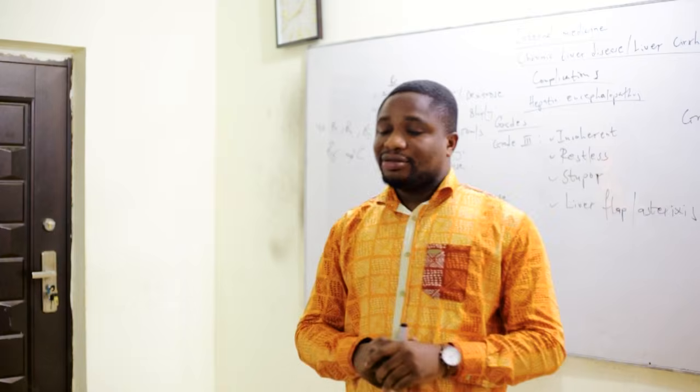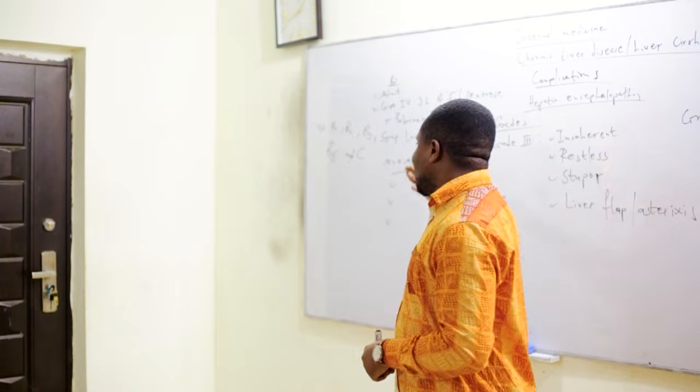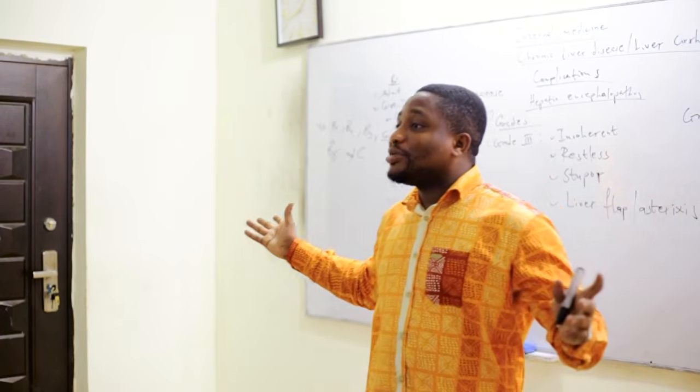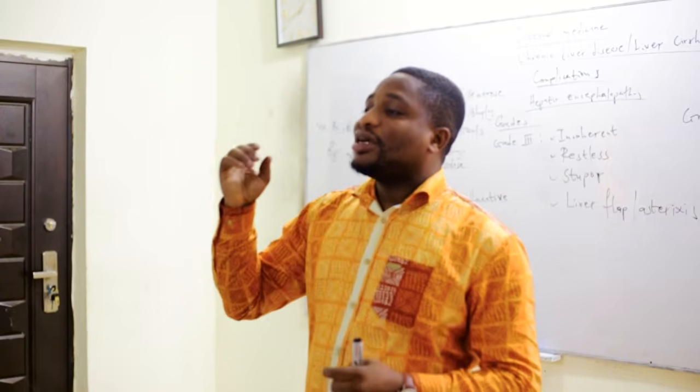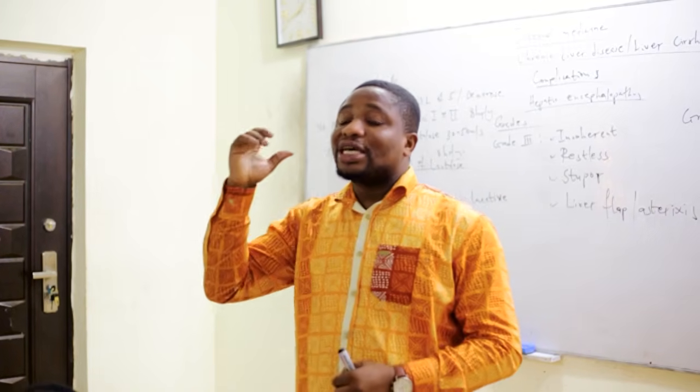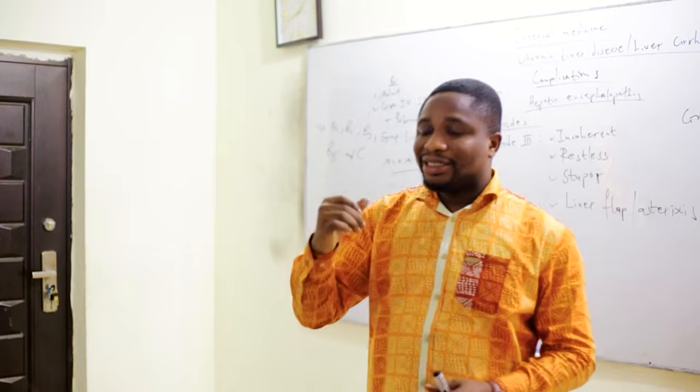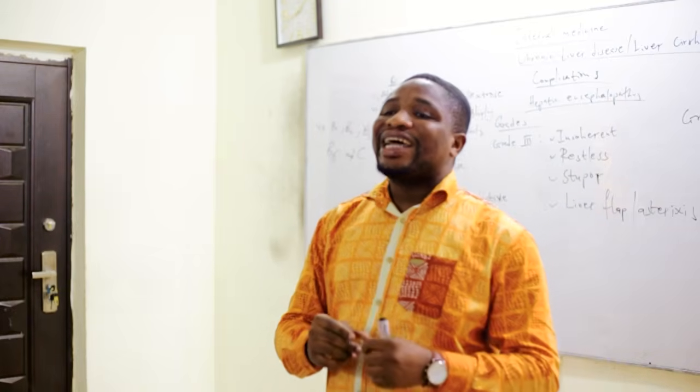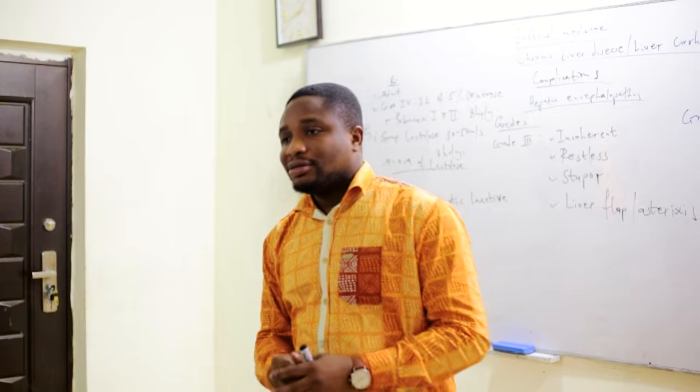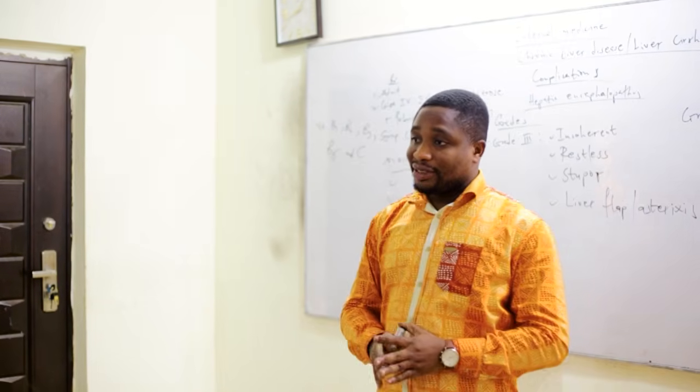The net effect of the three mechanisms that we said is what? A reduction in the level of circulating ammonia and the number of nitrogen producing gut flora. Is that clear?